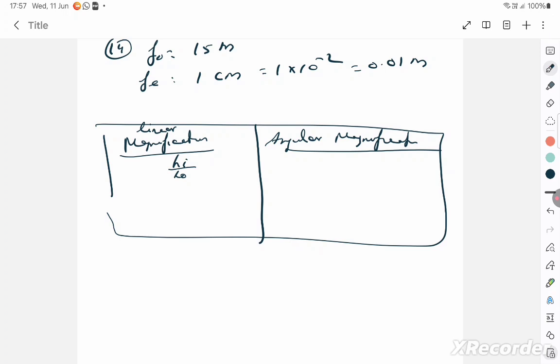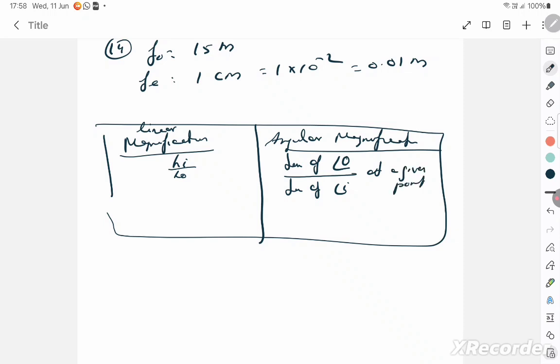Whereas here it's tan theta, tan of the angle subtended by an object, and by the tan of the angle subtended by the image at a given point. At any point you can find angular magnification.